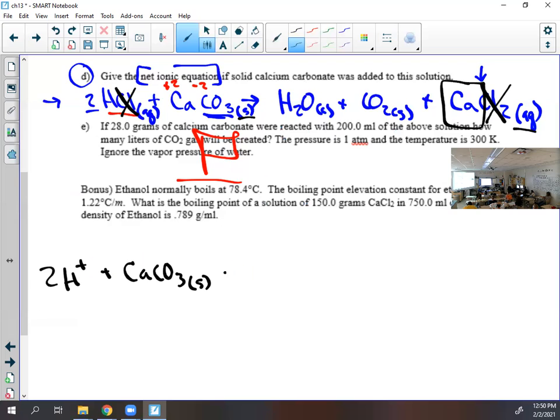Goes to H2O liquid. The H wasn't eliminated because it was aqueous on one side but part of a liquid on the other. Plus CO2 is a gas. Nothing in that was eliminated. Plus Ca plus 2. You can put aqueous on these, but by putting a plus, it doesn't matter.